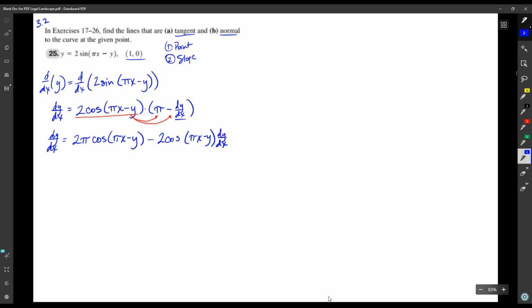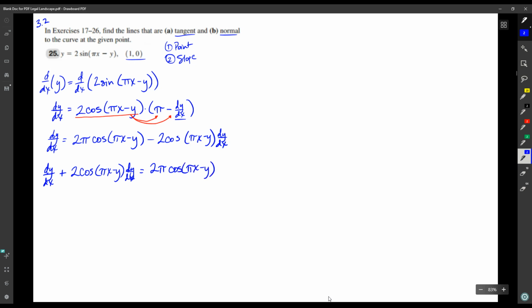Now that dy dx term is free to be moved about the equation. So we're going to move it to the right and gather it together with the other dy dx term. And on the left side of the equation, it's going to be a positive term. It'll change sign. So that's plus 2 cosine of pi x minus y dy dx. And now that's equal to that remaining 2 pi cosine of pi x minus y term.